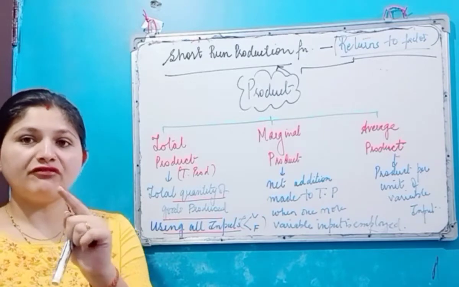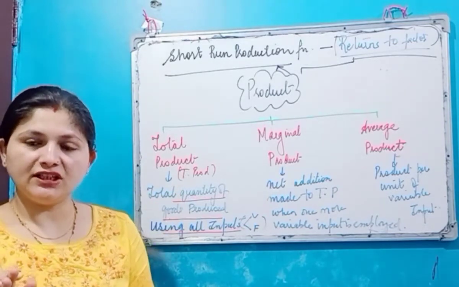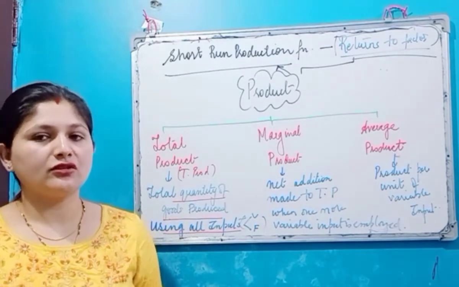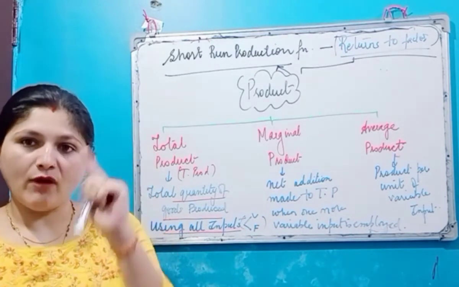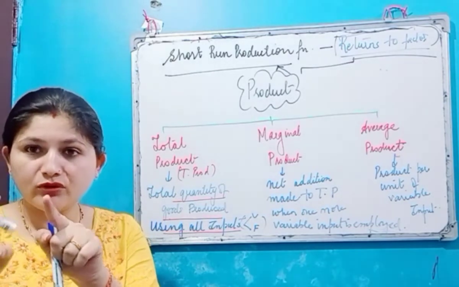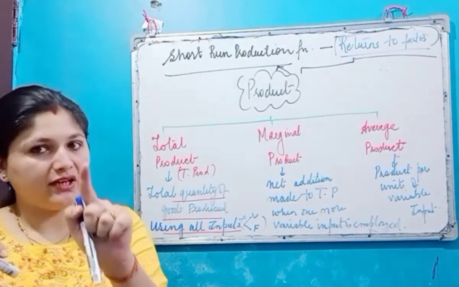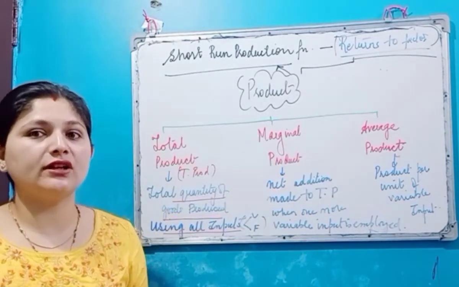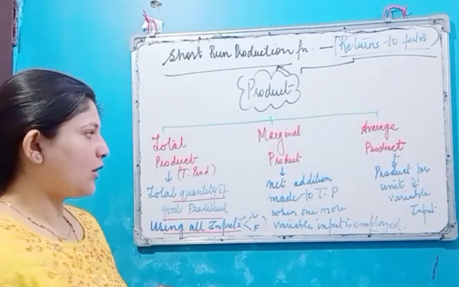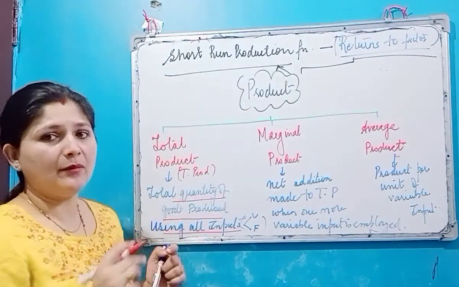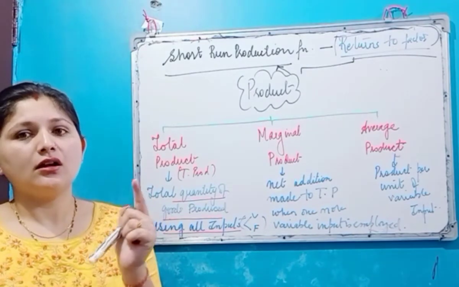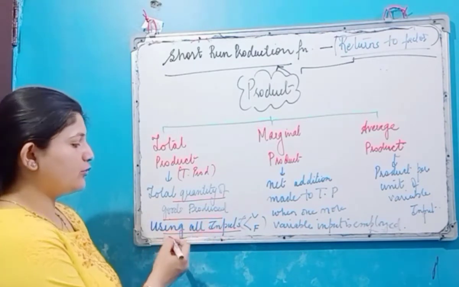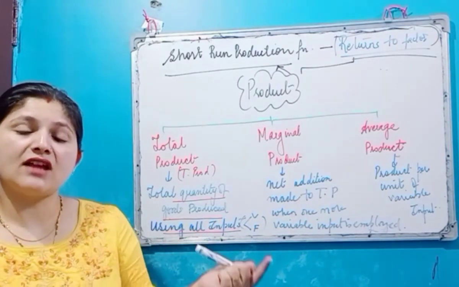If you have 10 laborers and one machine, where the machine is fixed and the laborers are variable, and using these two types of input you have produced 100 units of a commodity, then 100 units is your total production. It is defined as the total quantity of goods produced using all inputs in a given time period.